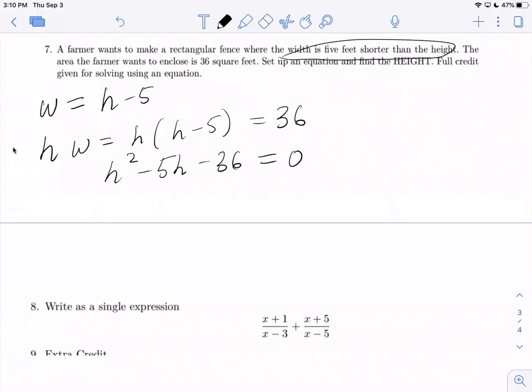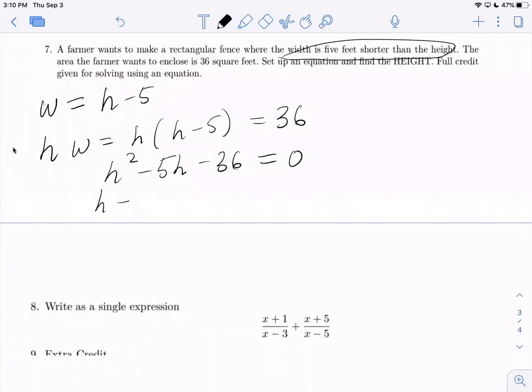Awesome, thank you, Allison. That's perfect. So yeah, we expanded, and here you say, oh, I have a quadratic. I know a technique to solve quadratics. It's going to be factoring. So then we move it over, we factor, and what two numbers multiply to negative 36 but add up to negative 5?